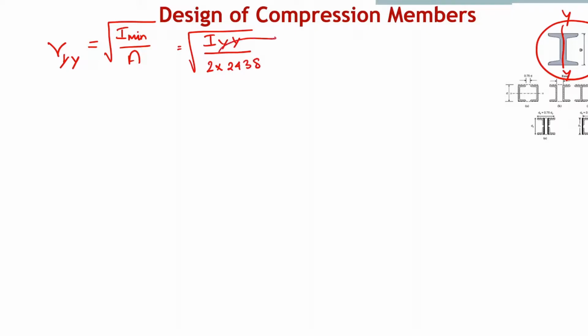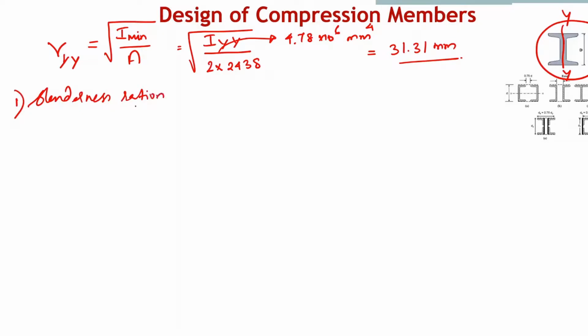So Iyy is 4.78 into 10 to the power 6 mm^4. Now if I substitute, the radius of gyration about the YY axis, or minimum radius of gyration, is 31.31 mm.